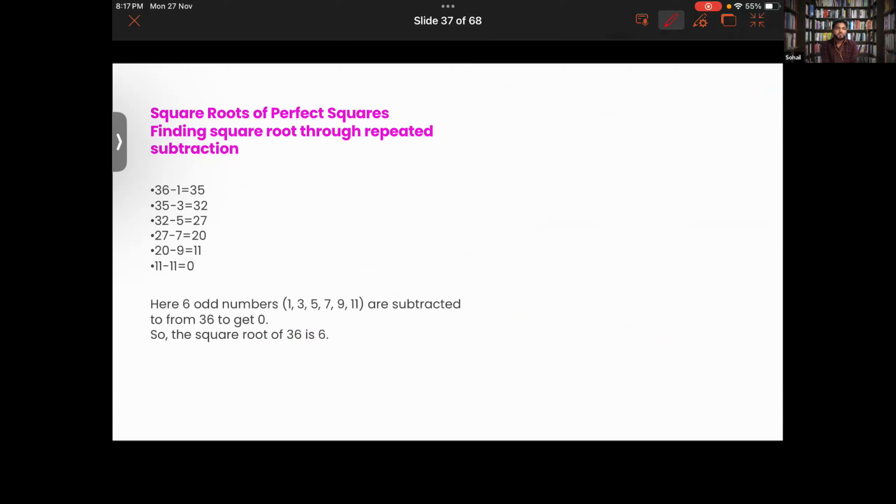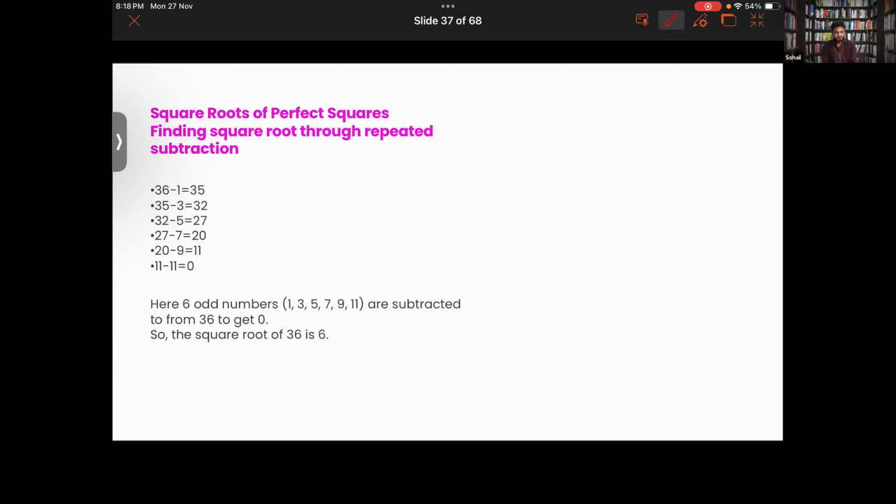Arhan, look at the screen and explain what is happening. We take a number and subtract consecutive odd numbers, and the number of times we subtract to reach 0 is the square root of that number.